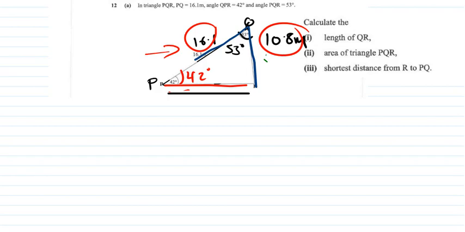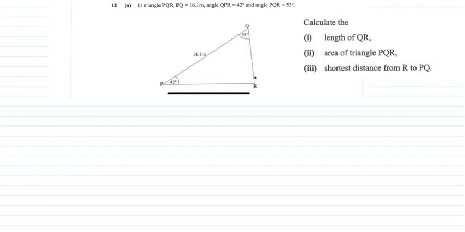Then finally, we need to handle the question of finding the shortest distance from R. Where is our R? R is this part here. So the shortest distance from R to PQ.